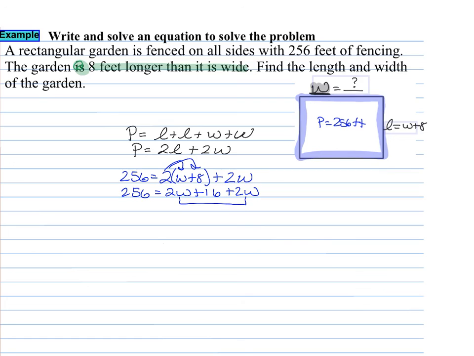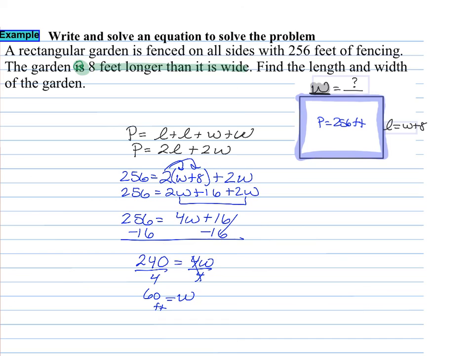I'm going to combine my like terms on the right side. So now I'm going to have 4W plus 16. I'm going to subtract 16 from both sides. 256 minus 16 is 240, equals 4W. Divide both sides by 4, and I'm going to get that the width is equal to 60 feet.